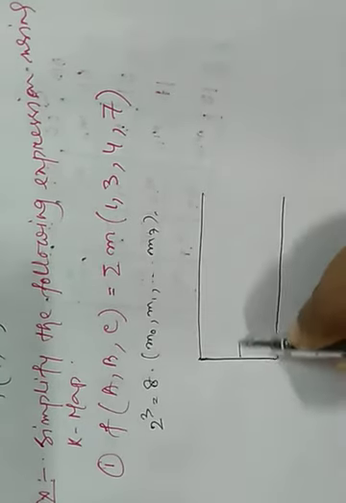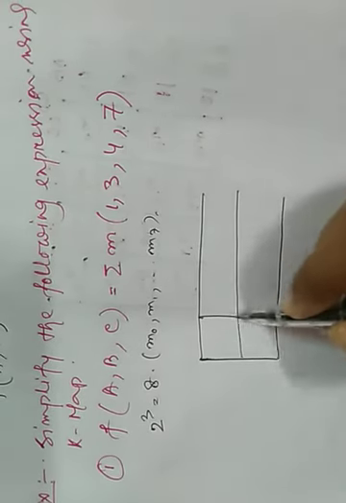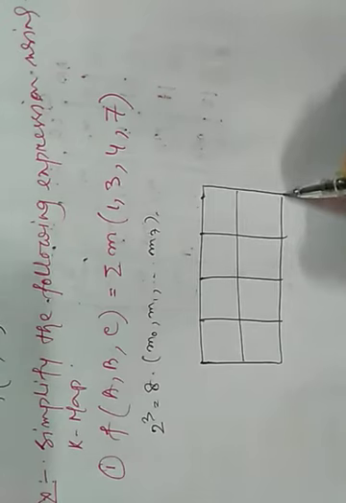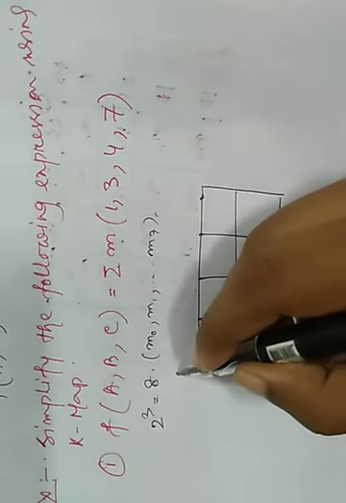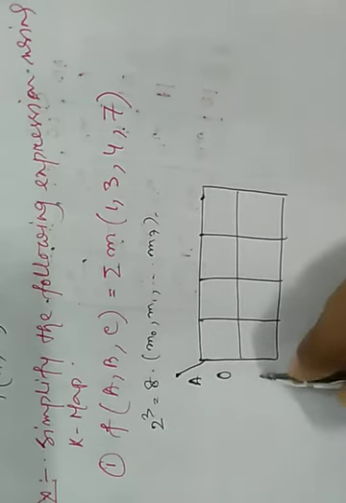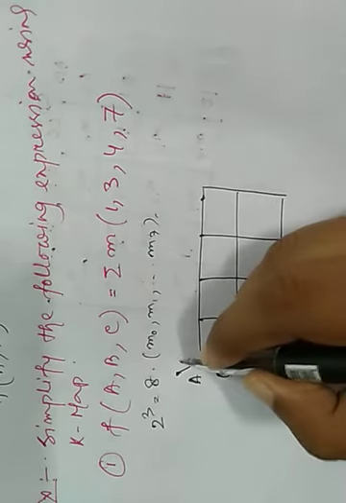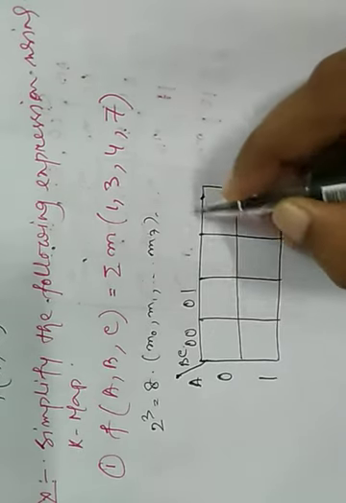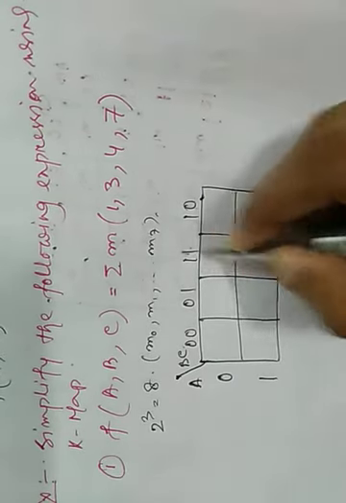So for the variables, one single variable A is there, it is 0 and 1, and for BC it is 00, 01, 11, 10.